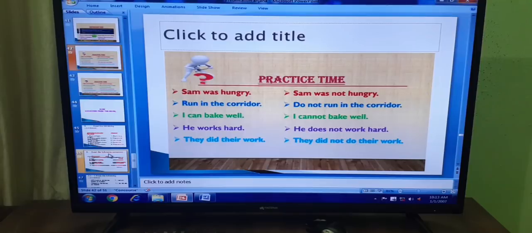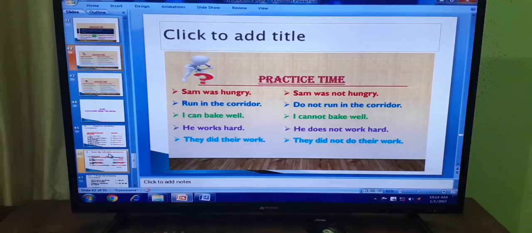Now, practice time. You know how to change normal sentences into negative. The first example I have written for you, Sam was hungry. Just read the sentence and see if it has a helping verb.